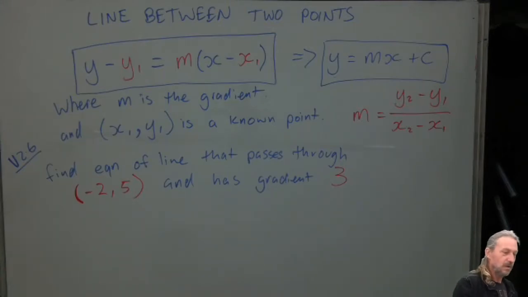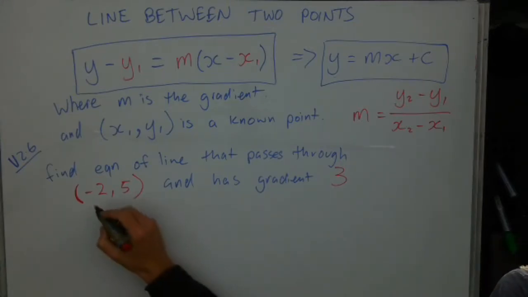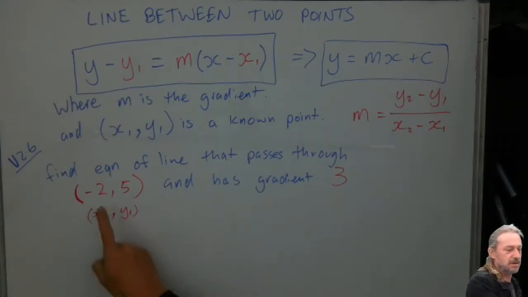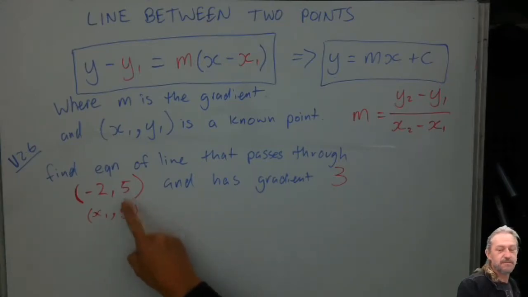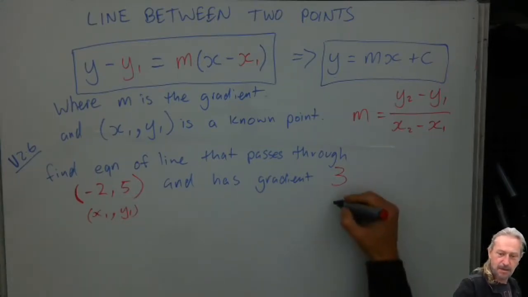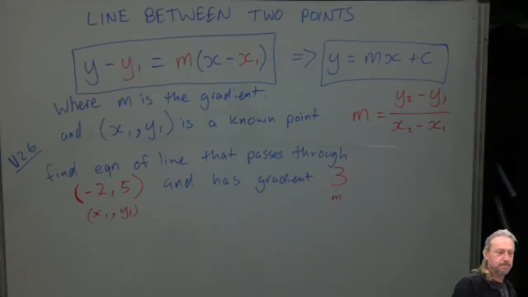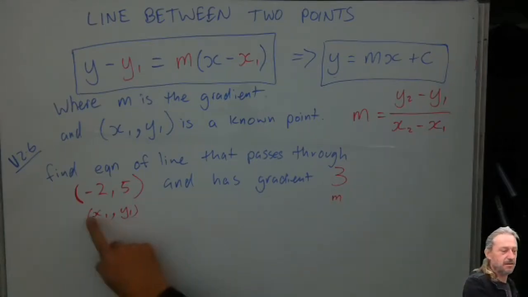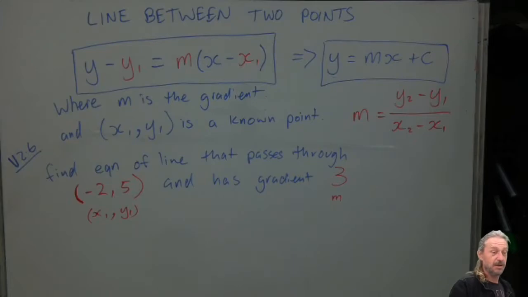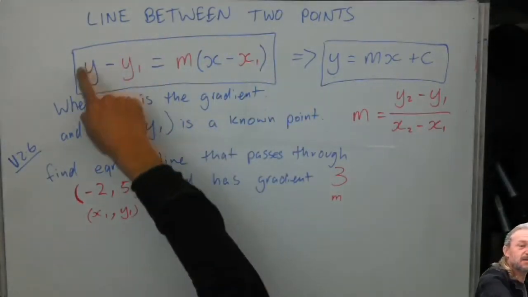So we're going to call the point x1, y1. So x1 is -2, y1 is 5, and this is our m. I'm just writing those underneath so that you understand what values to plug in, and we'll just jump straight into this.